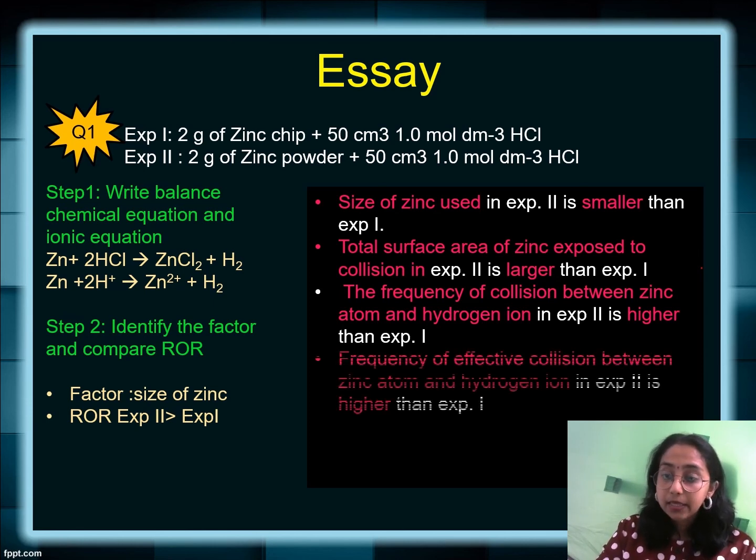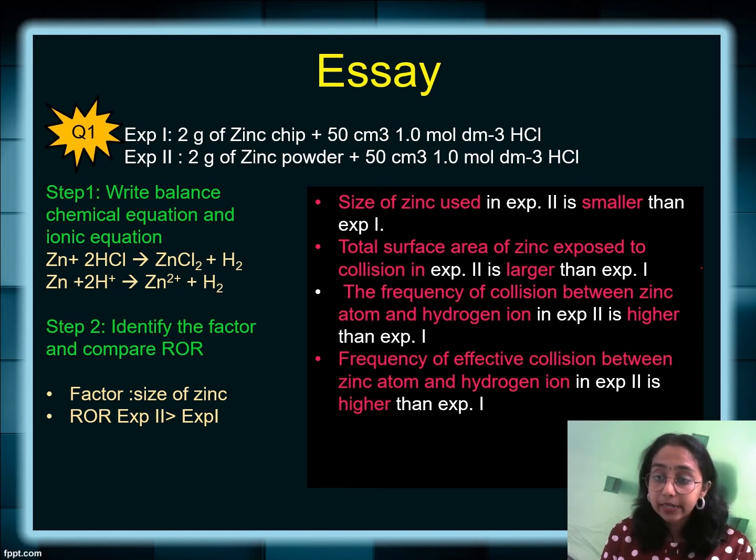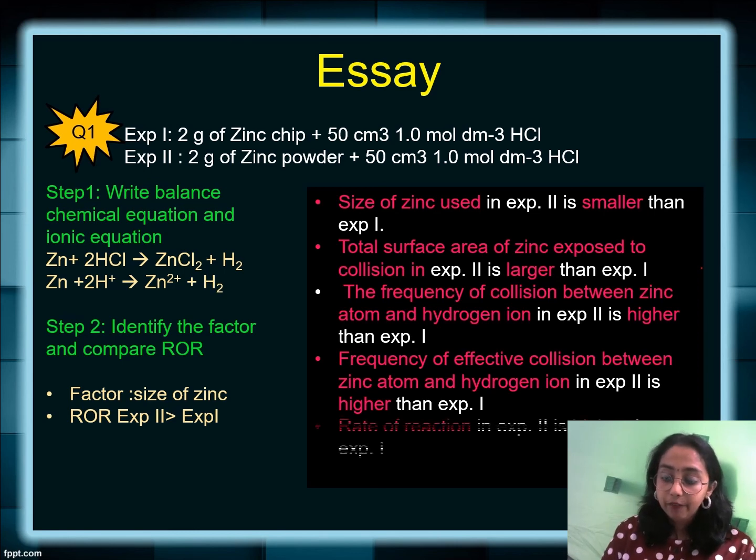And then the following statement will be exactly the same, but what we will write is about frequency of effective collision. And finally, we'll draw the conclusion that the rate of reaction of experiment 2 is higher than experiment 1. This is how you have to write your essay for collision theory for the factor of size.